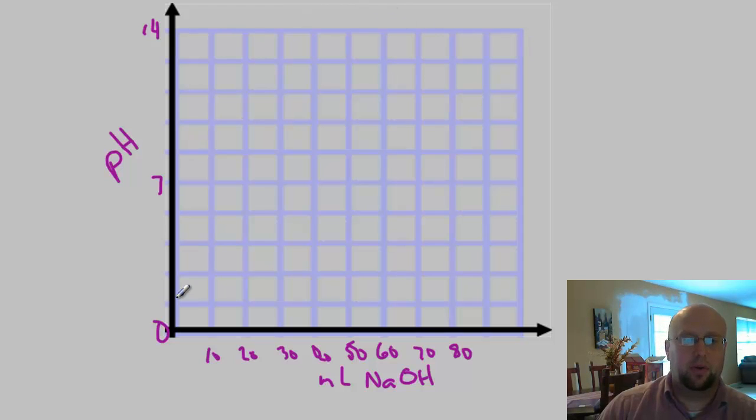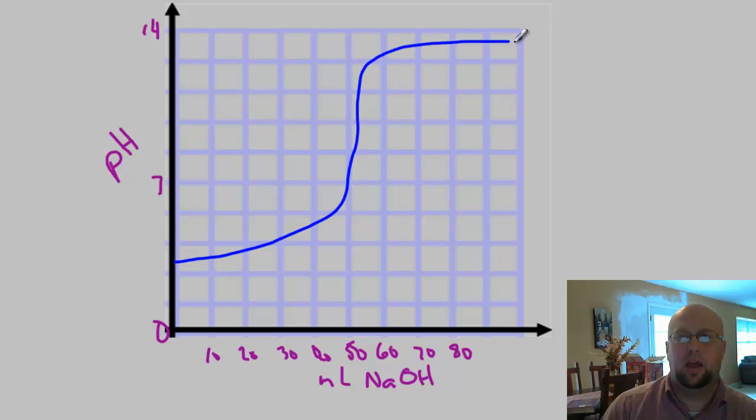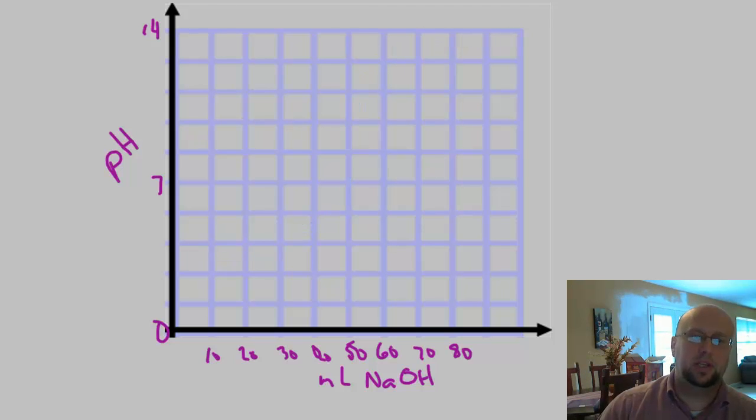To briefly flesh out the graph: it's a weak acid, so I'm not going to have a pH way down here. I'm probably somewhere in the 4 range, and the curve slopes up a little steeper like that, and then goes like that. So that's the general shape of our weak acid curve, with the equivalence point somewhere in here, going to a high pH once we're completely in the base.